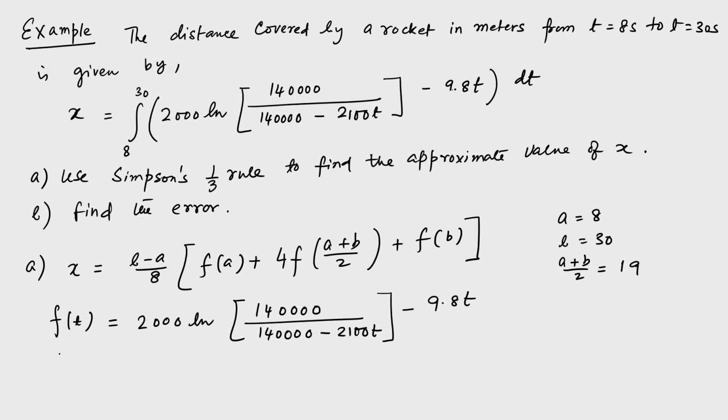So, we have to find 3 of them, f at 8, f at 30 and f at 19.